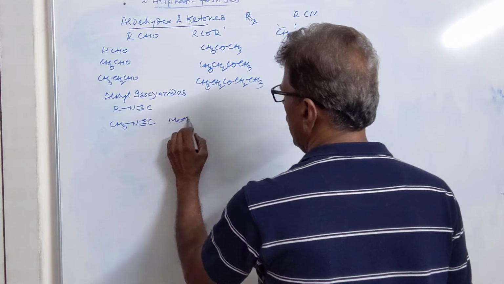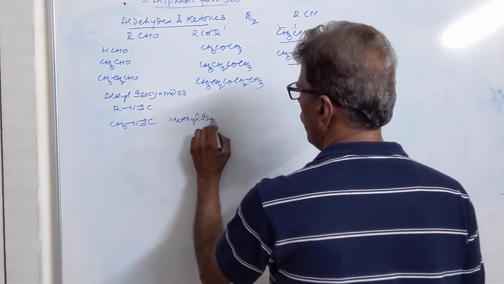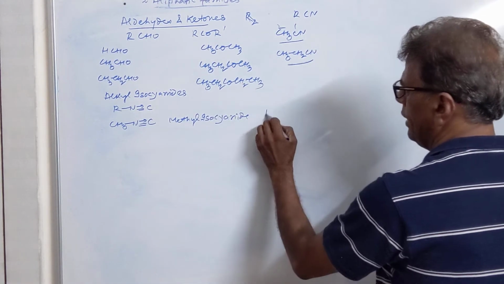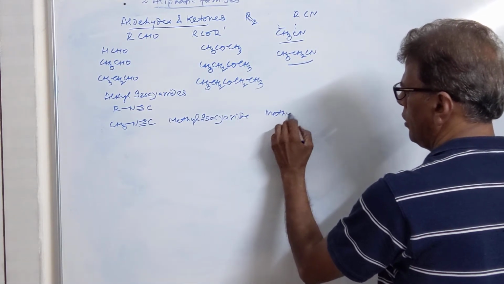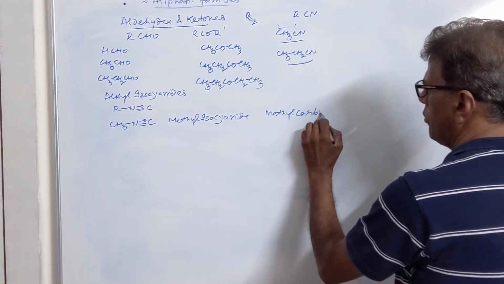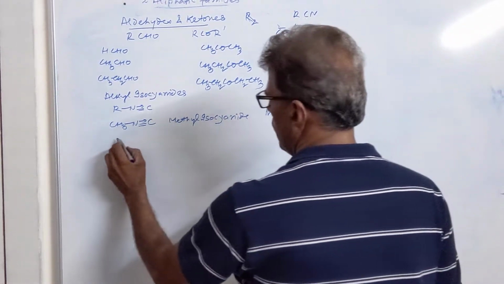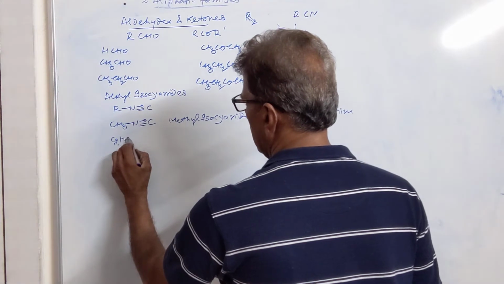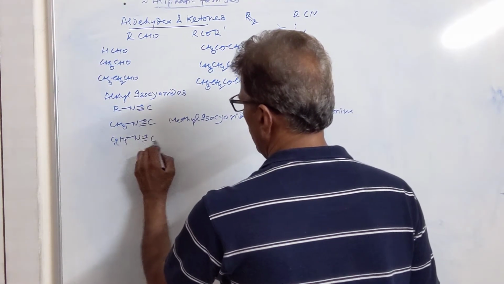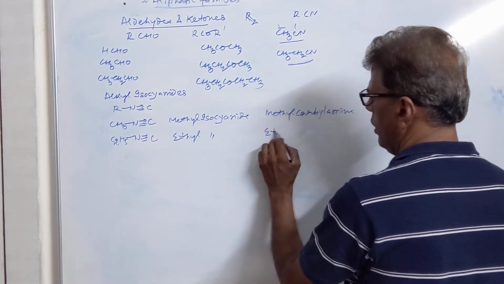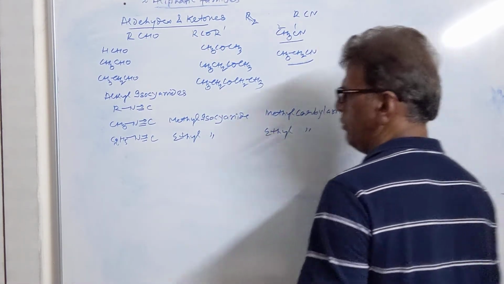Common name is methyl isocyanide. IUPAC methyl carbylamine. Similarly, C2H5NC. This is ethyl isocyanide or it is ethyl carbylamine.